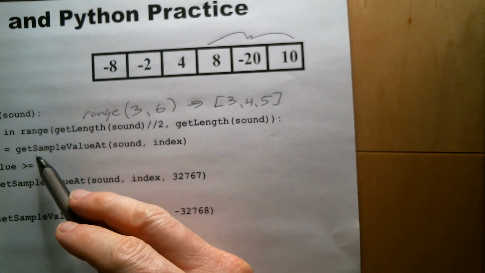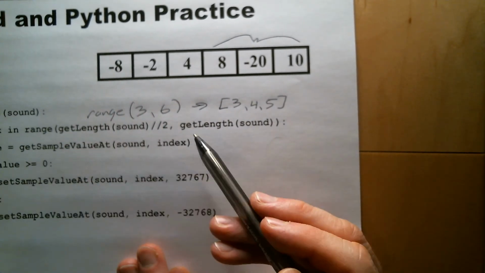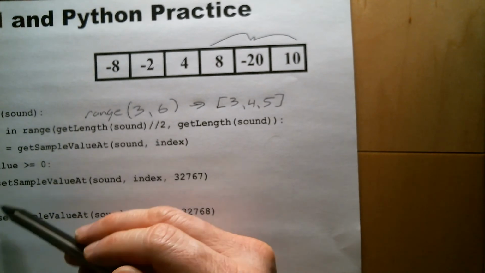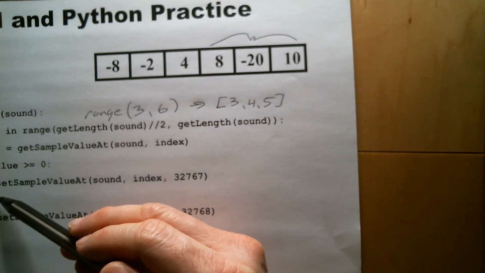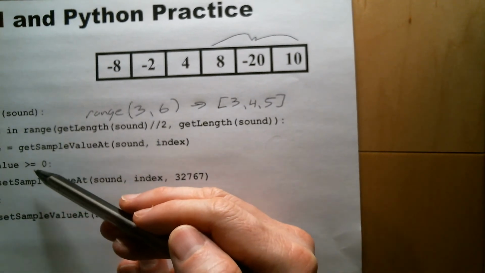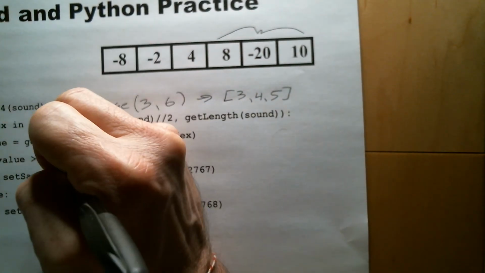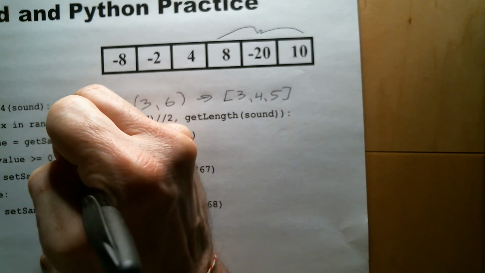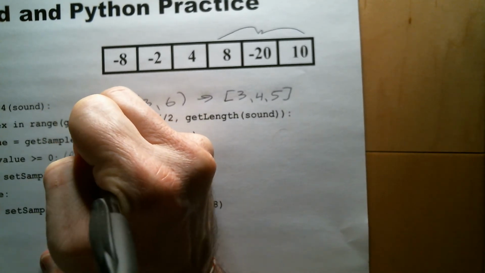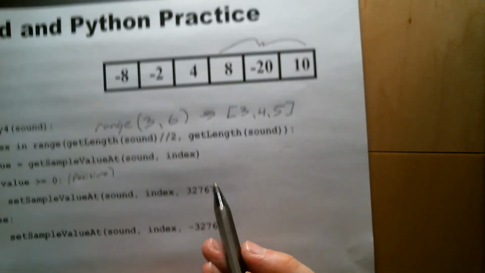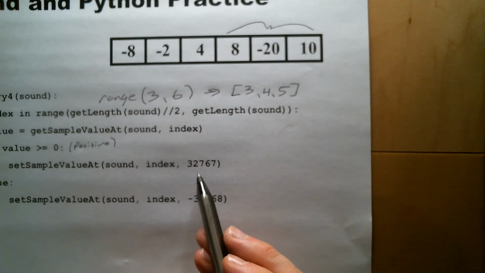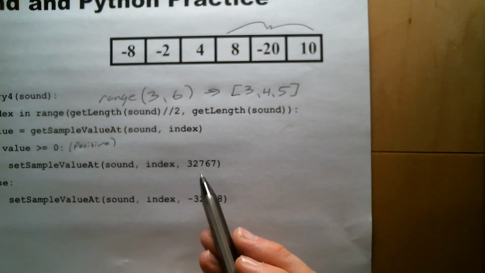Now we're getting the sample value at, just like we have been every other time, but now we're incorporating this conditional or this if statement. So we're saying if the value is greater than or equal to 0, which is basically another way of saying if positive, set it to 32,767.